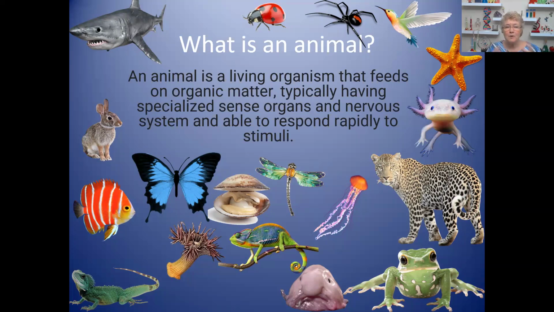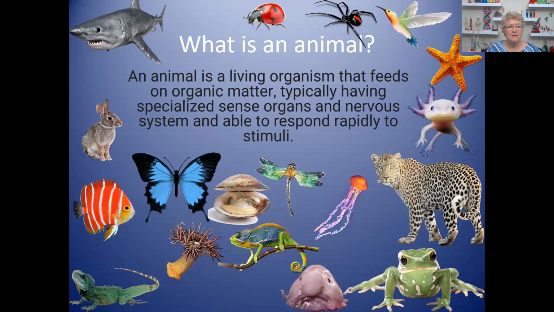Now, a lot of animals have those things concentrated in one area. Like we've got most of our sense organs in our head. A lot of animals have most of their sense organs in their head. Some of them have them spread throughout, or some of them are not going to have all of them. There are some animals that don't have sense organs to be able to see, but they're going to have some sense organisms.